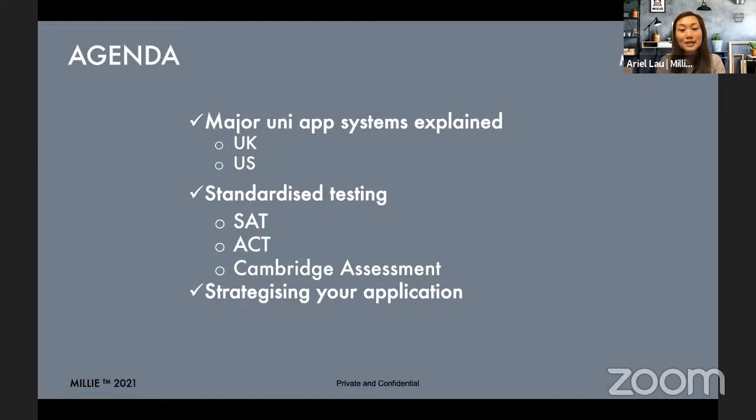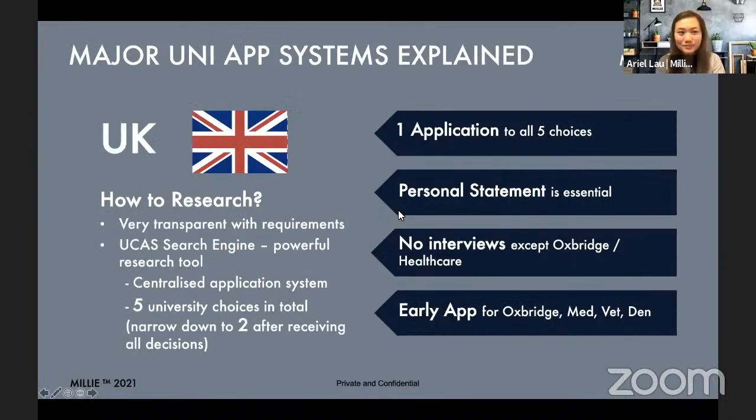Also, we're going to move on to standardized testing for each respective country. The SAT and the ACT target US applications, while the Cambridge assessment would be for students who are interested in the UK, especially those aiming really high for the top universities in the UK. Last but not least, we're also going to touch a little bit on strategizing an application. As you can see, lots of content to go through. So let's get to it.